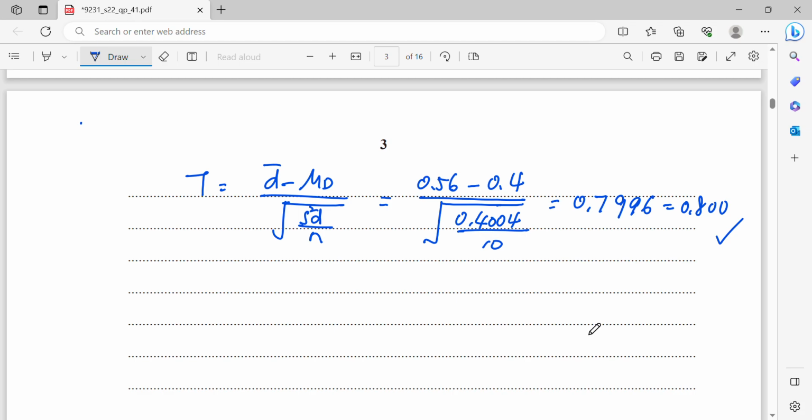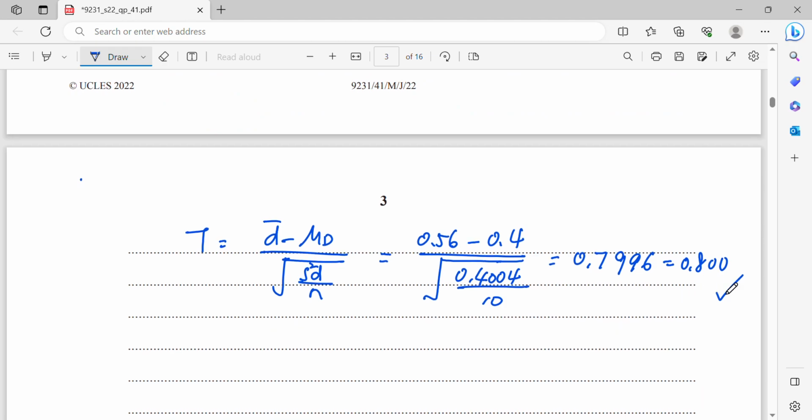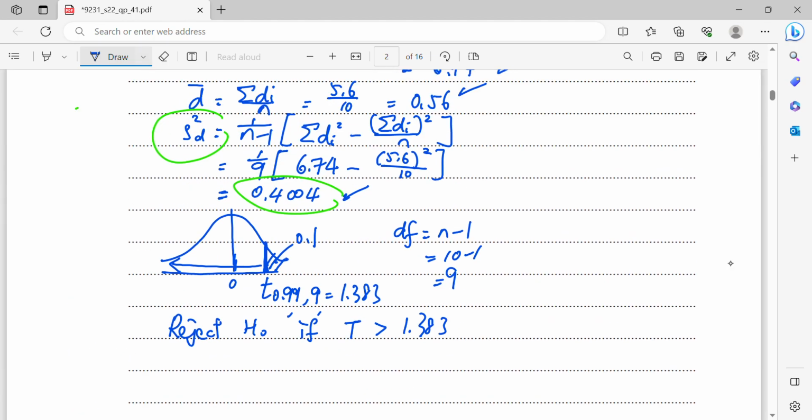Now you have to compare this t value with the critical value in the graph. This t value is 0.800. So from here, I will mark it. It is before the straight line, because this straight line is 1.383. Since this is before and it is not in the shaded region, our decision is do not reject H0.